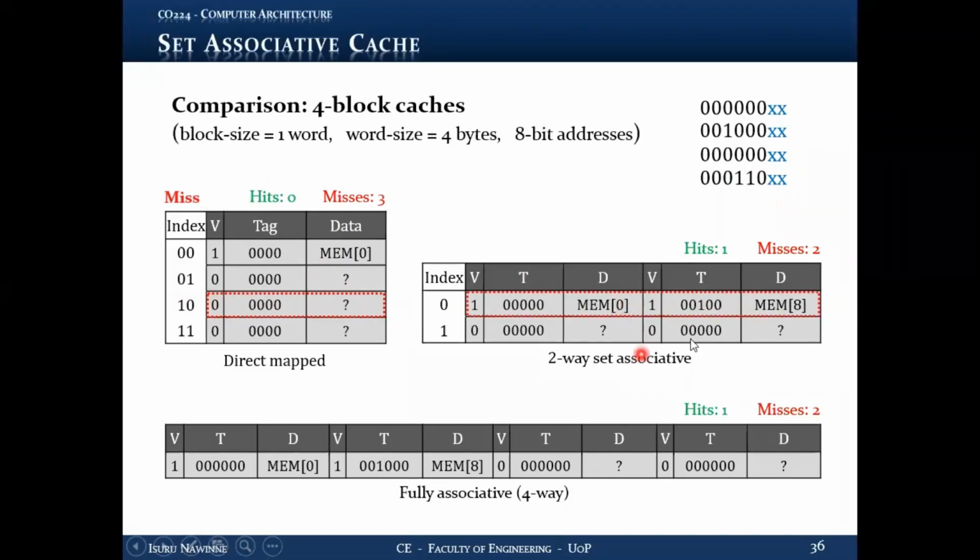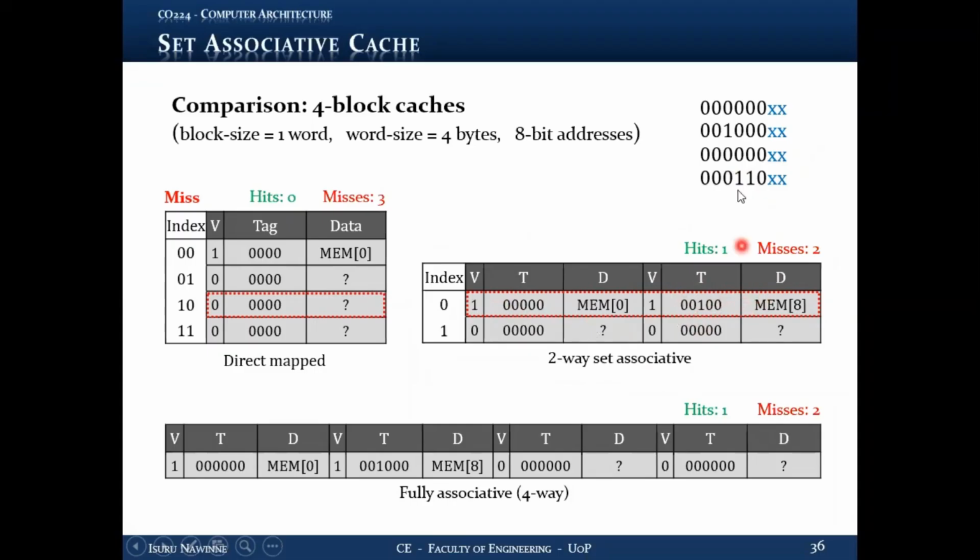Then two-way set associative cache, index is 0, only one bit is used. So index is 0, you go back to the same entry as used before, and we have two valid blocks there. But what about the tag? Incoming tag is 00011, and the stored tags are 00100 and 5 zeros.